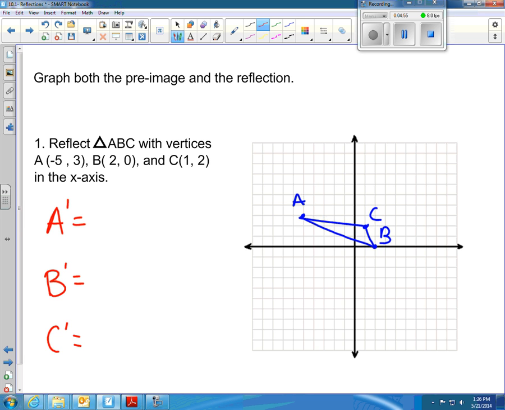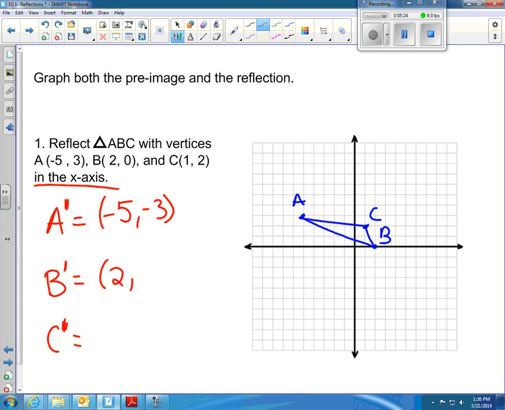Okay, so it says we're going to reflect it on the x-axis. So looking at our rule for x-axis, it says multiply its y-coordinate by -1. So I just wrote out here A prime, B prime, C prime. What we have here tells us that this is our prime. Okay, A prime. So we're multiplying our y-coordinate by -1. 3 times -1 gives me -3.